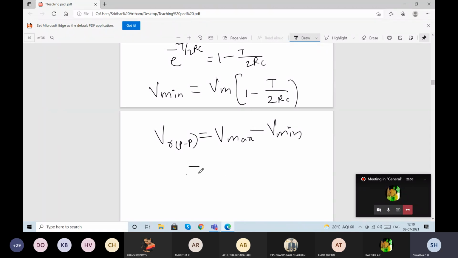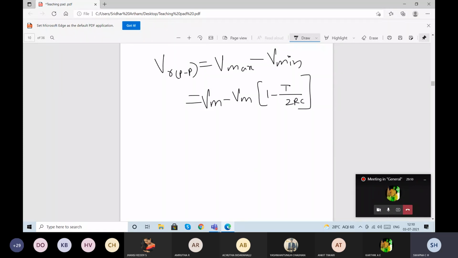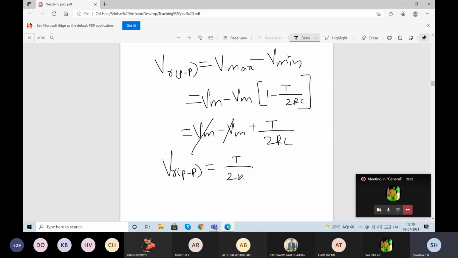V maximum is nothing but Vm, and V minimum is nothing but Vm into 1 minus t by 2RC. So just multiply Vm inside, and you will have VR peak to peak equal to Vm minus Vm plus Vm t by 2RC. The plus Vm and minus Vm will get cancelled. So VR peak to peak is nothing but Vm t by 2RC.